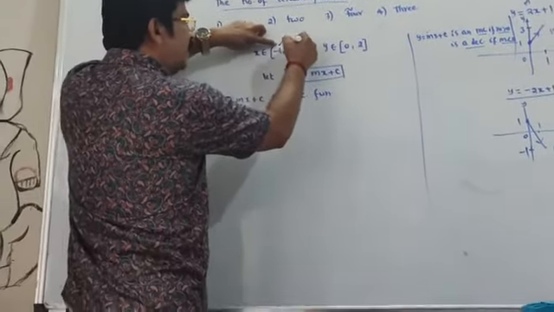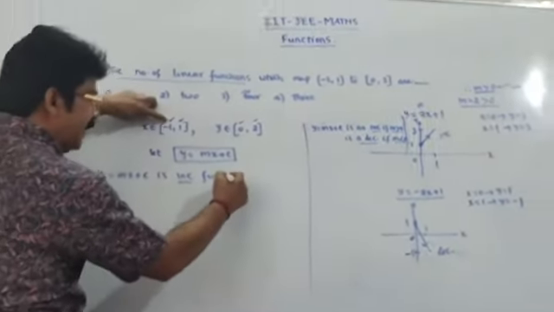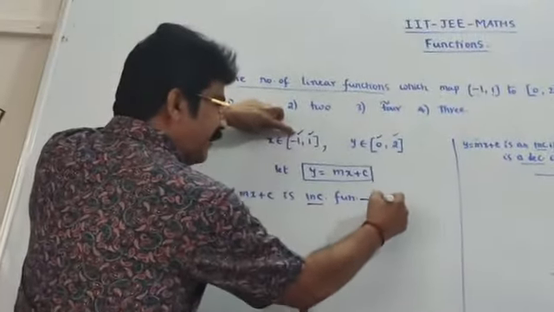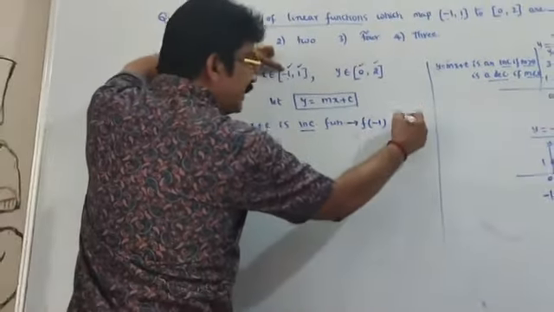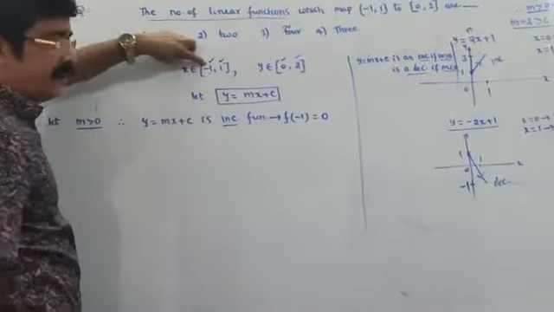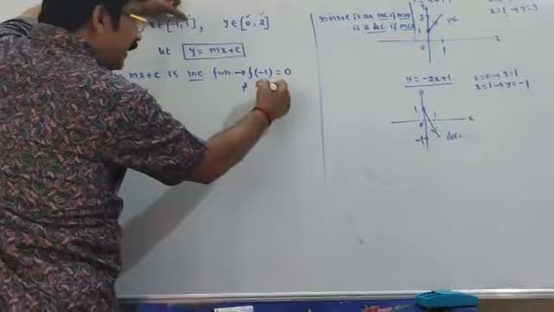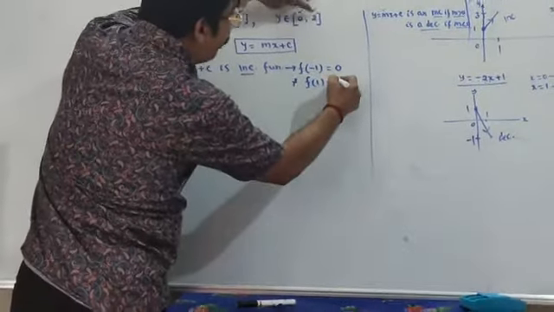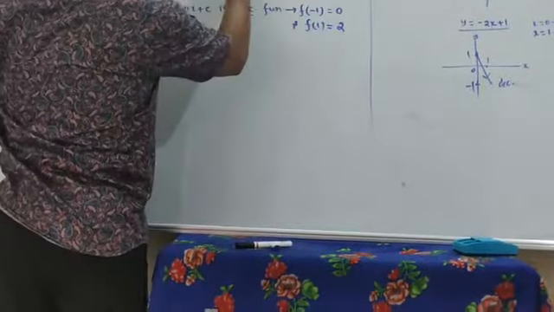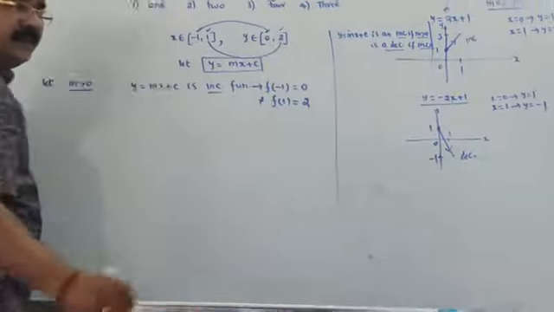This is the x interval and these are the y values. Whenever it is an increasing function, then definitely lower bound maps to lower bound and upper bound to upper bound.